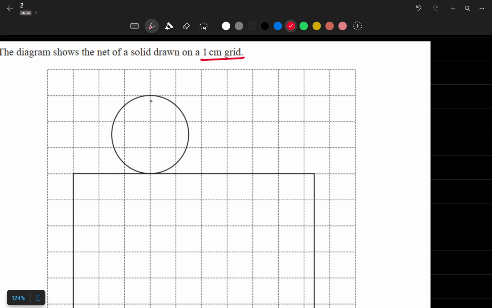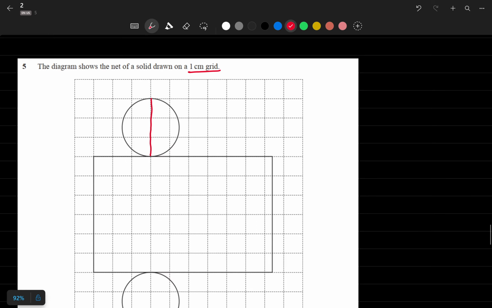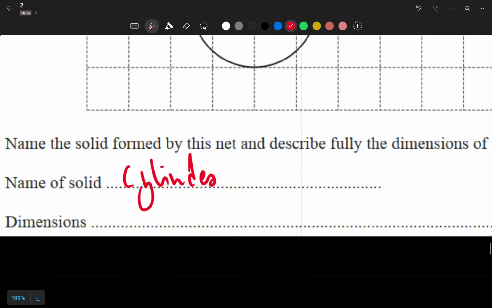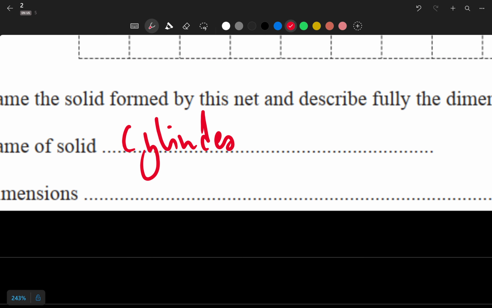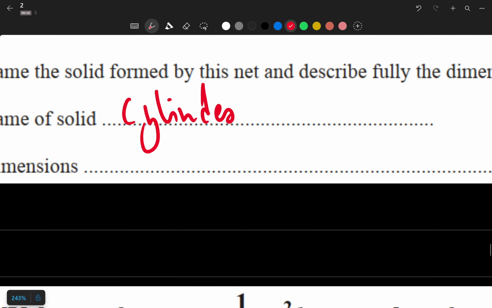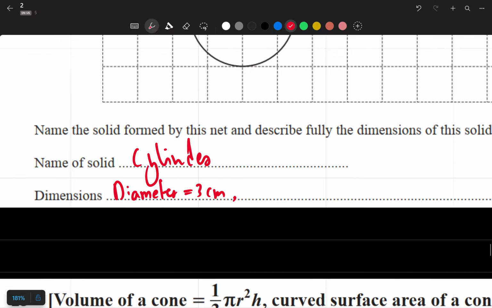Now you can see that 1, 2, 3. The circular shape has a diameter of 3 centimeter. So you can either write the radius is 1.5 centimeter or simply the diameter is 3 centimeter. Let's write diameter equals 3 centimeter, comma.